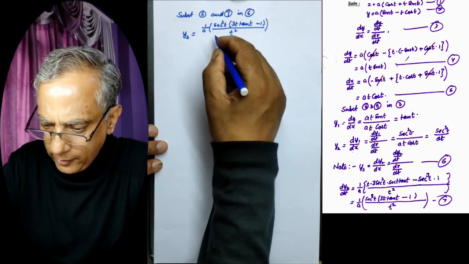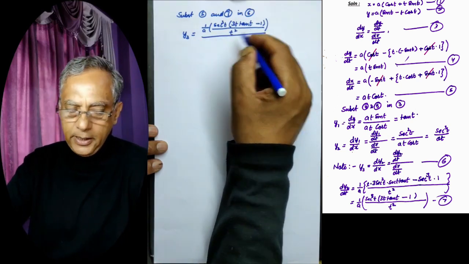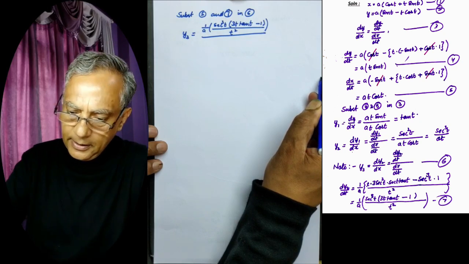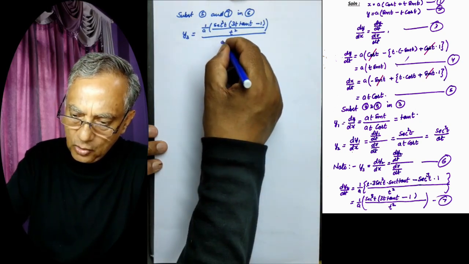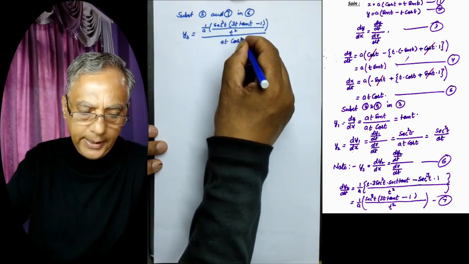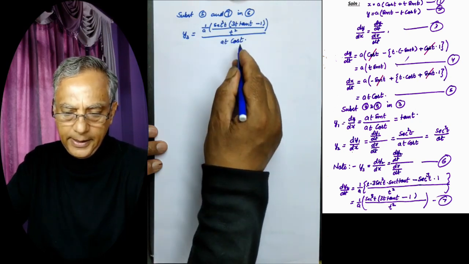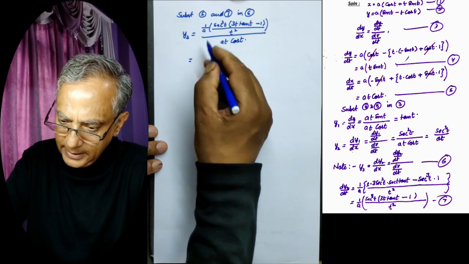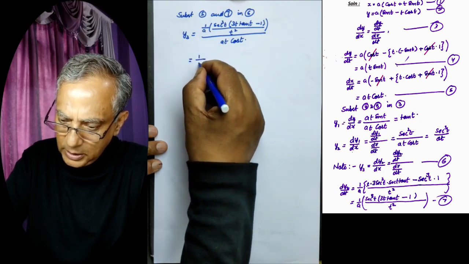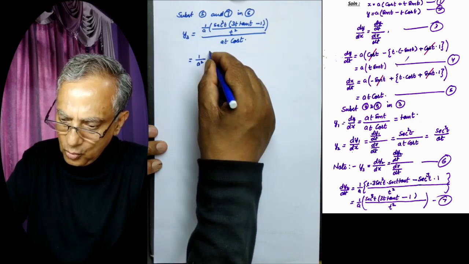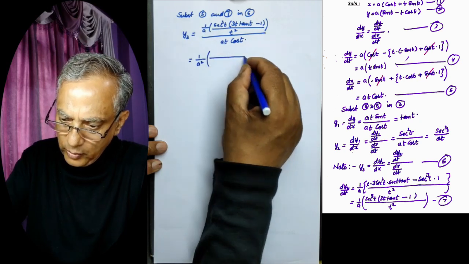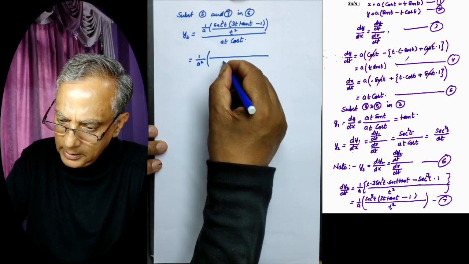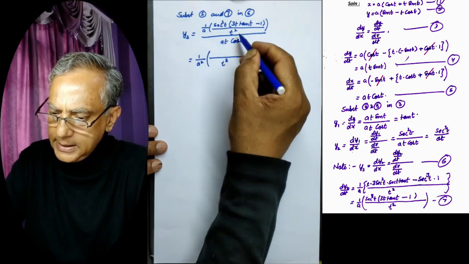This divided by dx by dt. dx by dt is a t cos t, and this is equal to 1 by a square into, we will have, this will be t cube, and 1 upon cos is secant.